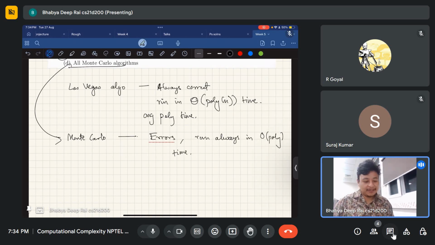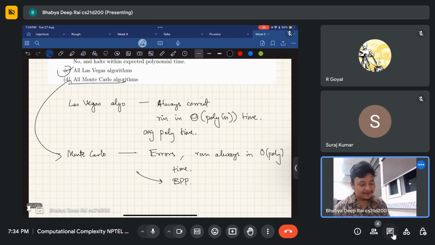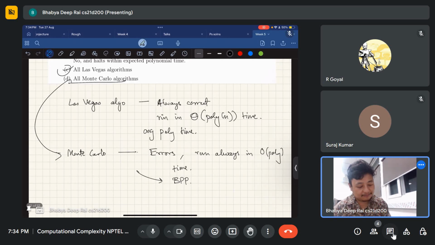And this is exactly BPP. A lot of times they are called Las Vegas algorithms and Monte Carlo algorithms instead of saying ZPP algorithms or BPP algorithms. So Las Vegas algorithms is the correct answer.